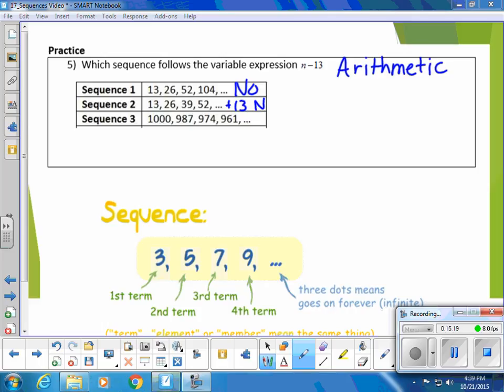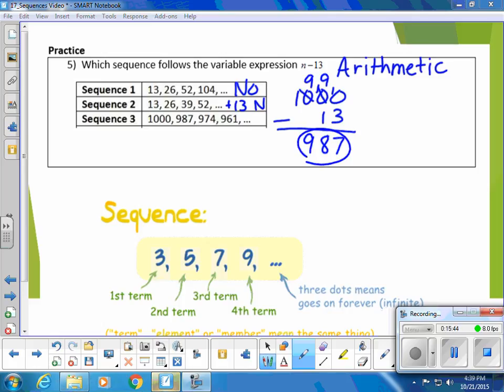So would this one work where I've got 1,000, then 987, then 974? So let's look. If I have 1,000 and I subtract 13, let's borrow from our 10 and make a 9. Make that a 10, borrow from that one, and then we have 10 minus 3, 9 minus 1, and then we have a 987.